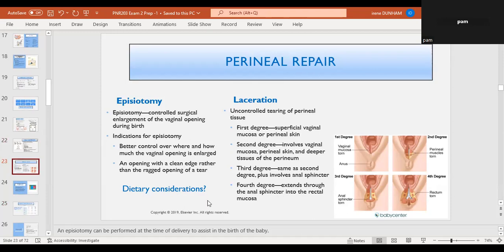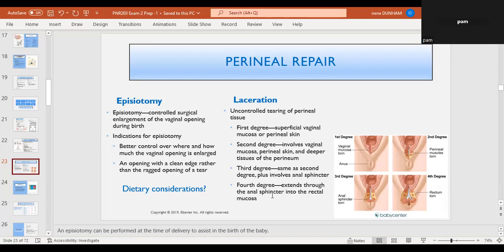Okay, now what do you think of a fourth degree, where the laceration extends through the anal sphincter into the rectal mucosa? Well, that hurts. Ouch. So what do you think would be a dietary consideration? Well, you want to make sure she gets plenty of fiber and, of course, increased fluids.